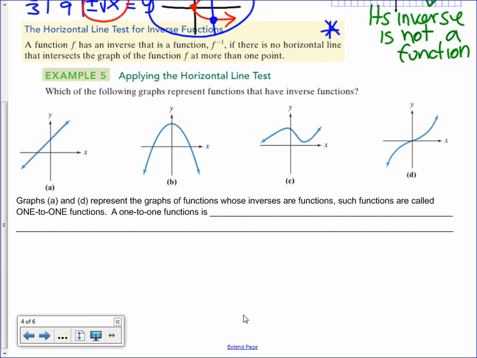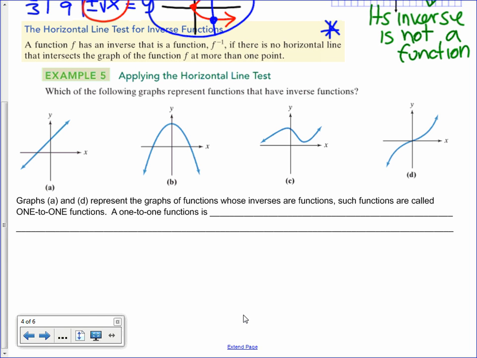If you have a question that says use this graph to reflect the points across the line y equals x, then yeah, you will have to draw the other one. But that's more like an Algebra 2 question. So no, I don't think I will ask you something like that.